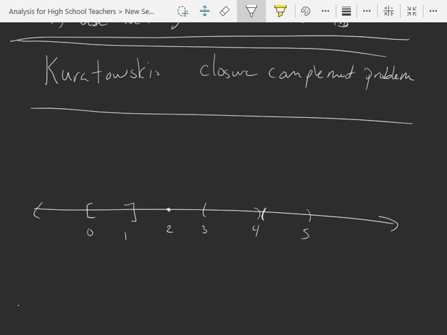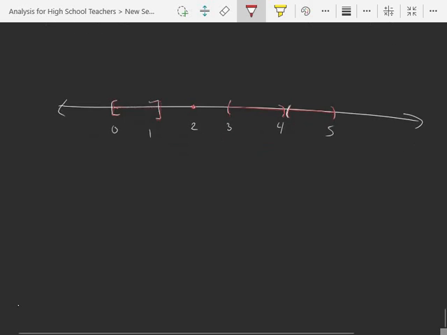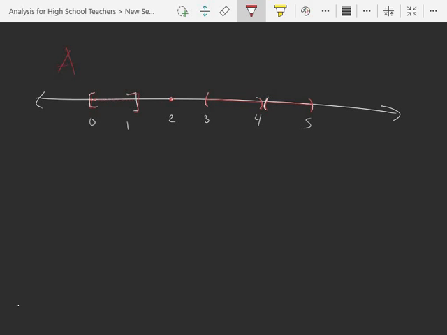And let's not take all of the numbers between 0 and 1, let's just take the rationals. So our set is all of these guys, this number, this interval here, this interval here. Let's call this set A.